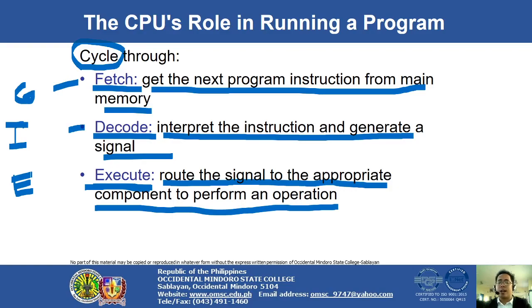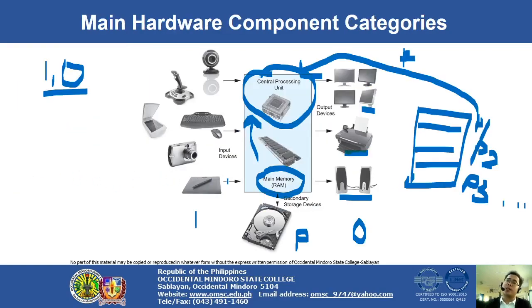Alright, let's have an example. So here, say for example, we use our keyboard, or our mouse rather. So we input here A. Okay, so A will be in our address memory. Say for example, it's 1000 because A would be converted into machine language or the binary.